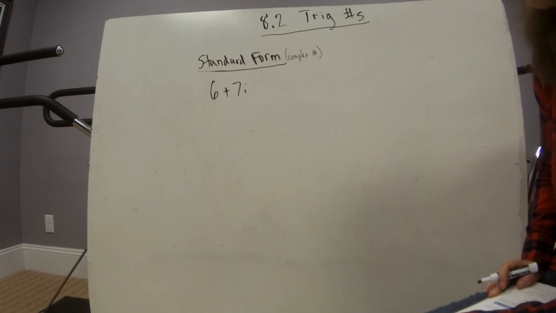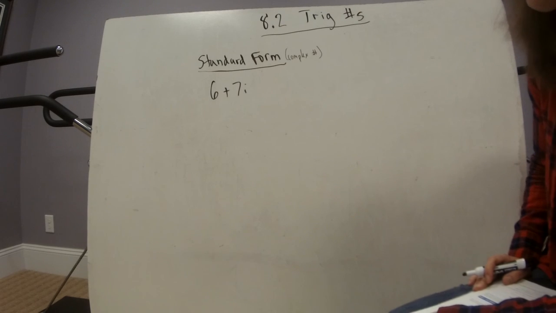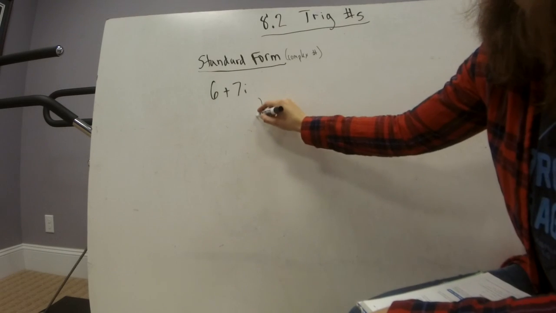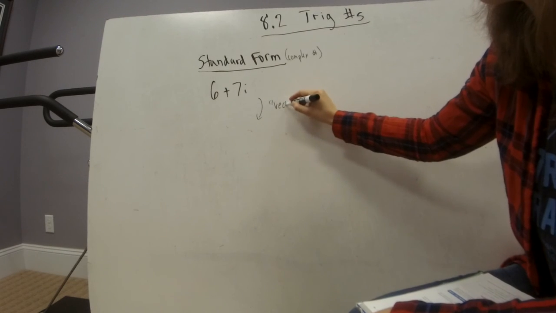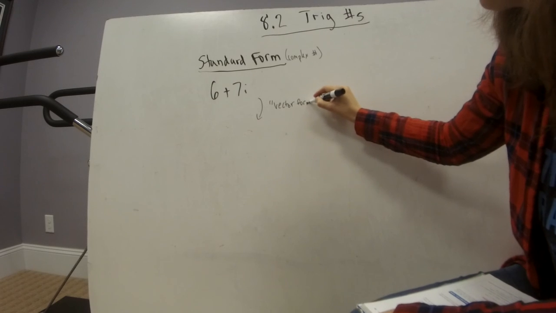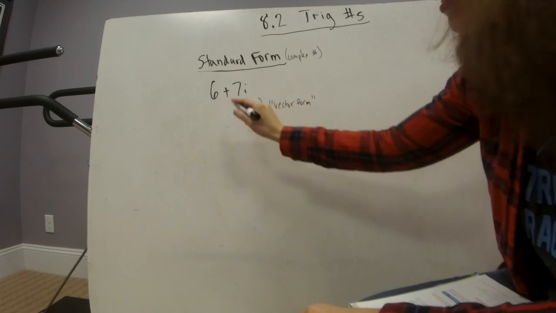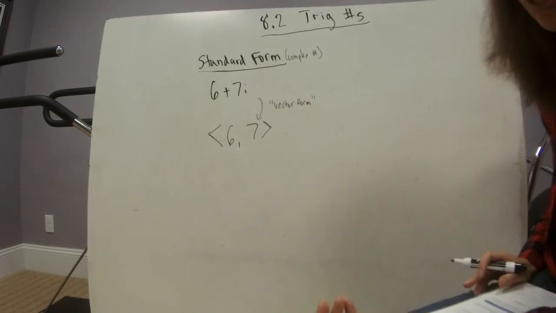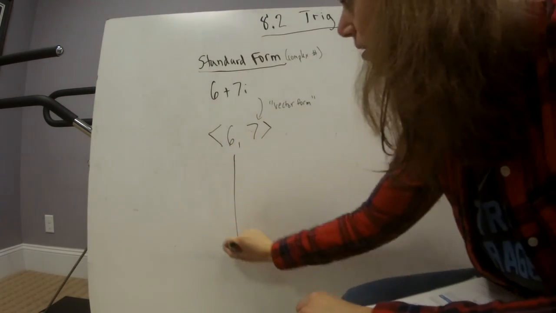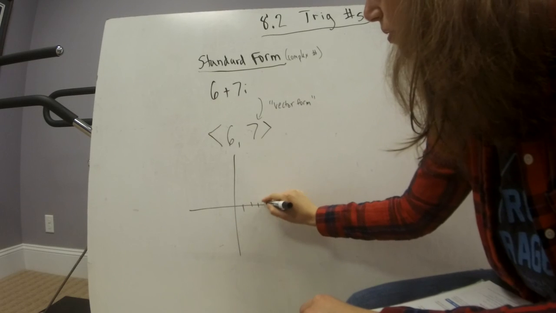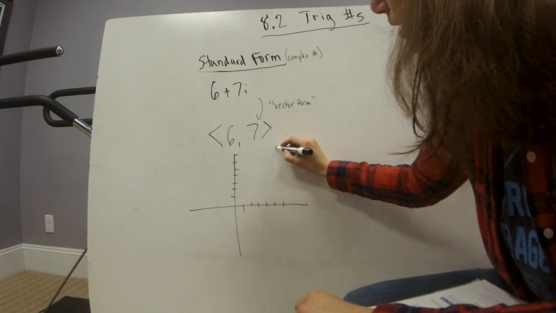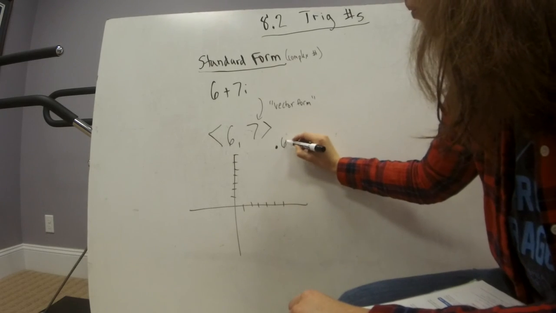You did a bunch of stuff with i's in Algebra 2. But in a way, this is kind of what I'm going to call vector form. What's very interesting is this is the exact same thing as the vector 6, 7 from last chapter. If we drew 1, 2, 3, 4, 5, 6, and then 1, 2, 3, 4, 5, 6, 7, and put a point there, this would be the point 6 plus 7i.